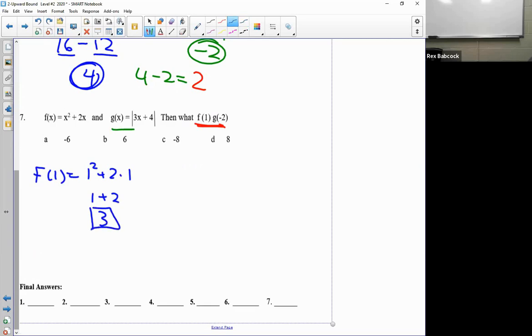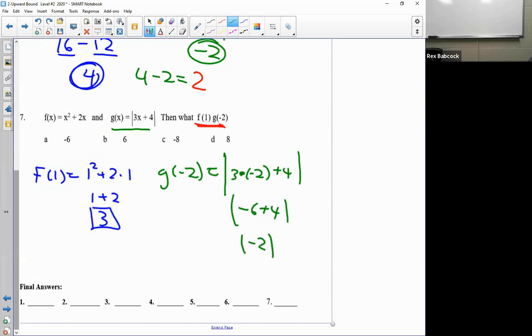And then g of negative 2 is the absolute value of 3 times negative 2 plus 4. That's a minus 6 plus 4. That's a minus 2, and the absolute value of minus 2 is 2. And it says to multiply those. 3 times 2 is 6. Answer is B.